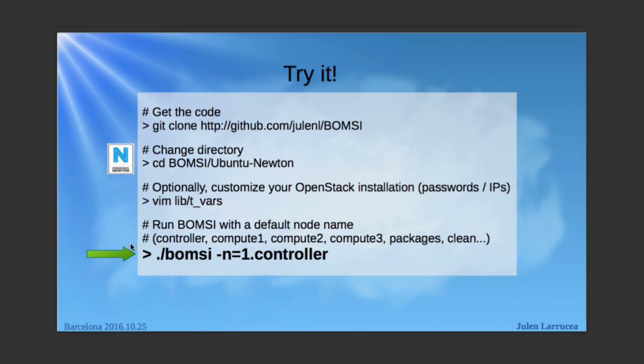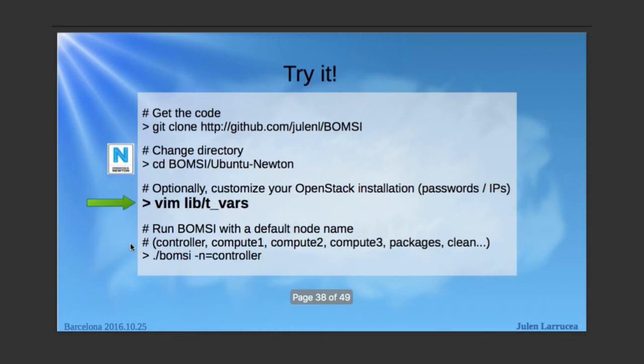You can put anything which contains the strings controller, compute1, compute2, or also packages and clean. Packages will install a machine and download all the required packages. And clean just installs a clean Ubuntu machine.